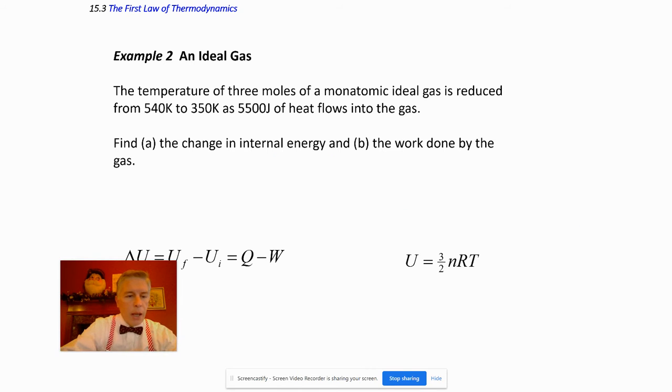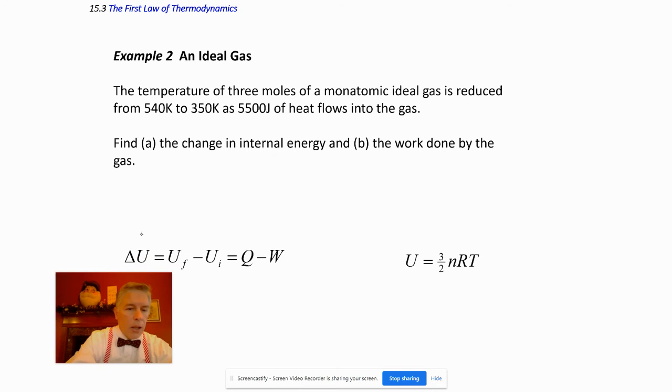So let's try a different example here, where I have the first law written right here.